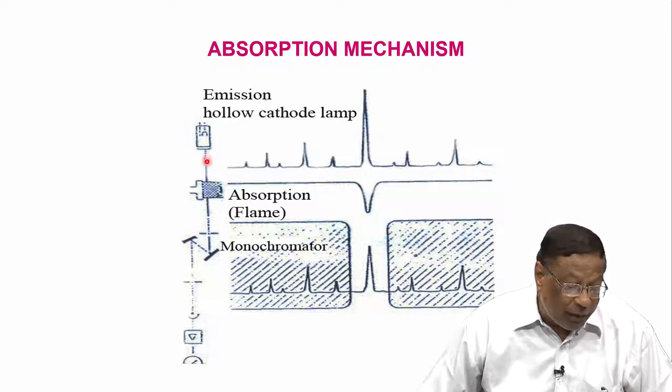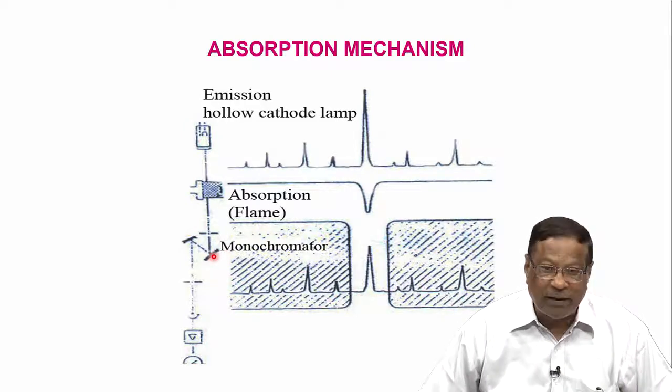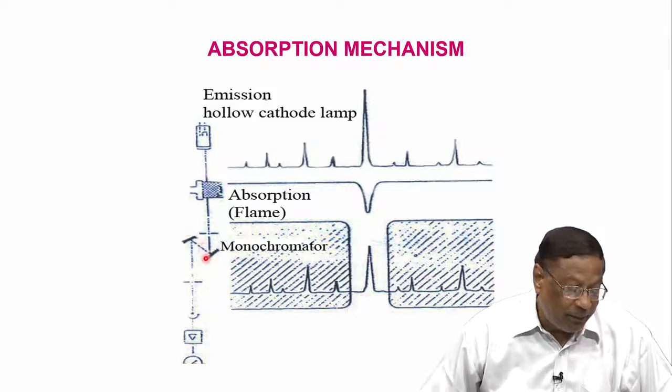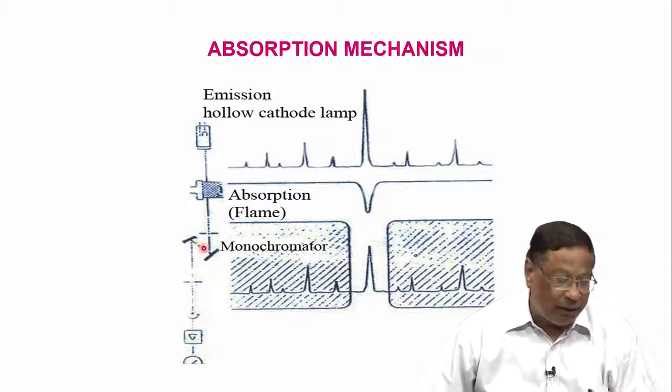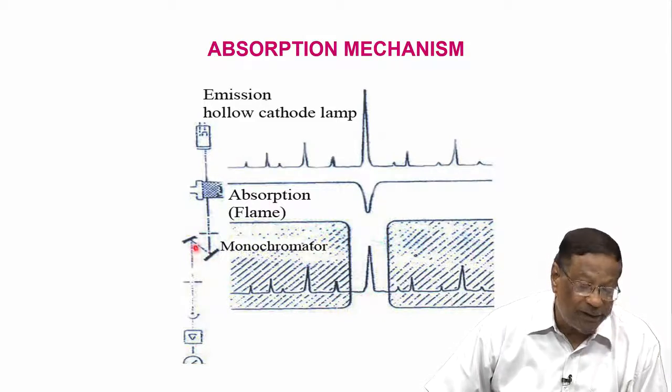Now, I want to separate only this line coming from hollow cathode, I do not want others. So, what do I do? I just put a small mechanical slit here, and then connect it to a diffraction unit or a prism, and then that will give me the exact wavelength, and then we have already discussed the mechanism of optics in the earlier sections.